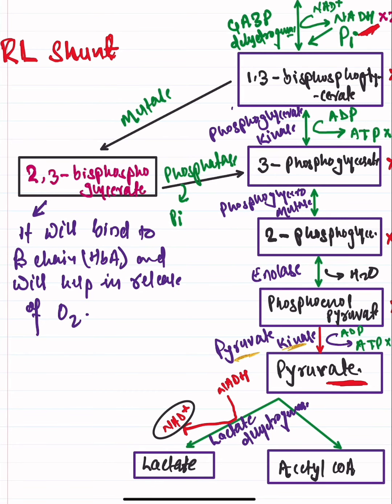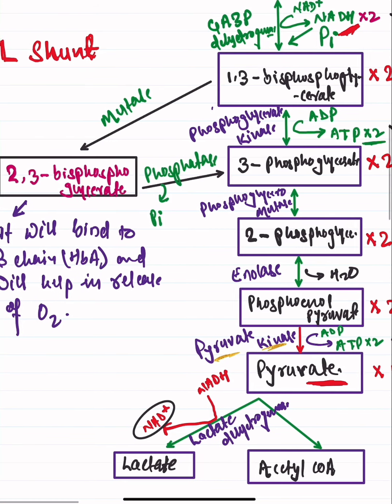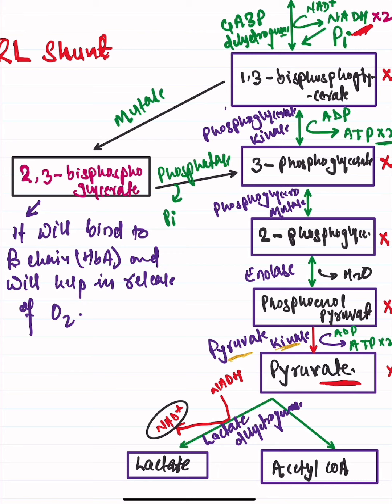But as you can see here, that 2 ATP will not form in the RL shunt, so net ATP gain is 0 in RL shunt, right? This is all about the RL shunt.